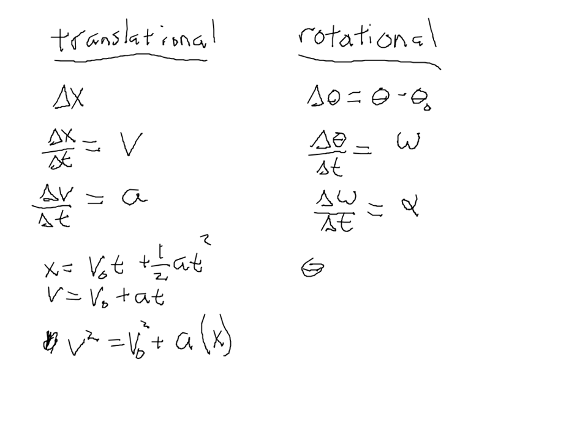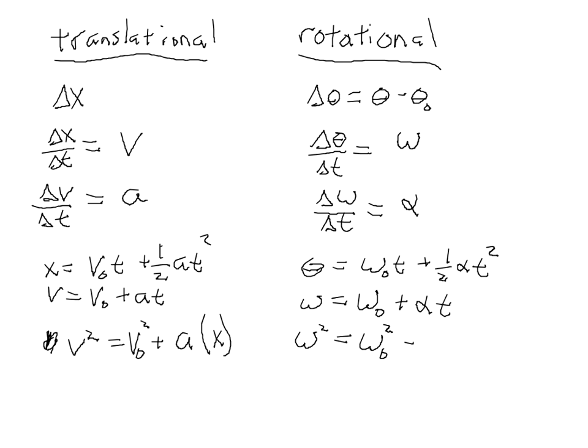Well, we can do something very similar with relationships among the rotational variables. We call them the rotational kinematic equations. Theta equals omega 0 t plus 1/2 alpha t squared. Omega equals omega 0 plus alpha t, and omega squared equals omega 0 squared plus alpha theta.